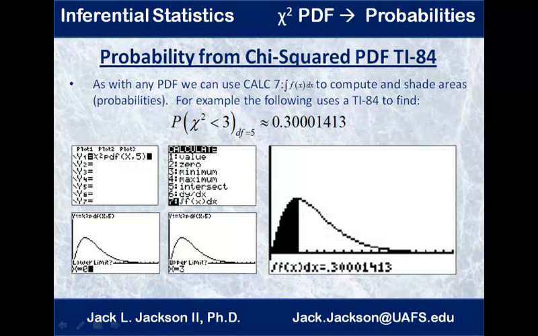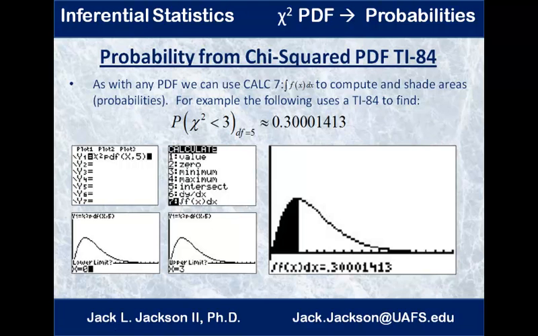Choose it. It's going to ask us for a lower limit, which is 0, and an upper limit, which is 3. Of course, less than 3 is really just 0 to 3, because there's nothing less than 0 in this particular distribution. And it'll shade and calculate that area, which corresponds to that probability.